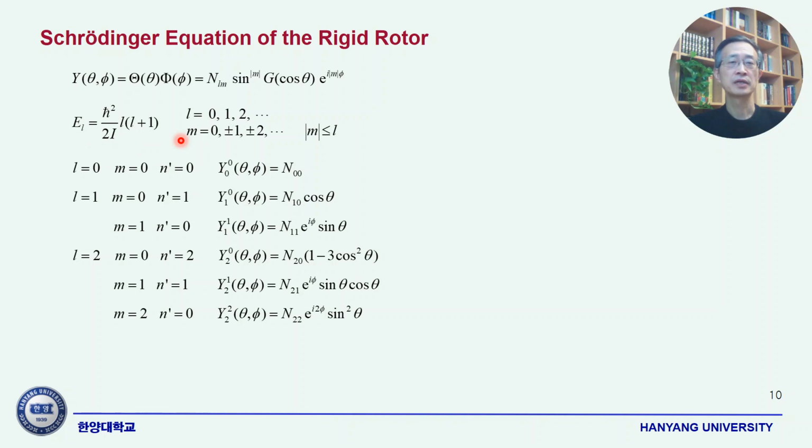Then L goes 0, 1, 2. For L equal 1, m goes from 0 to 1, and for L equal 2, m goes 0, 1, 2. Then n prime plus m is L, and that's how you obtain this n prime.